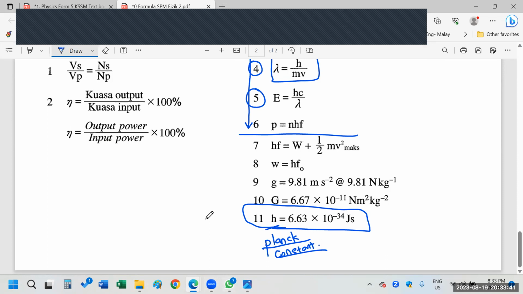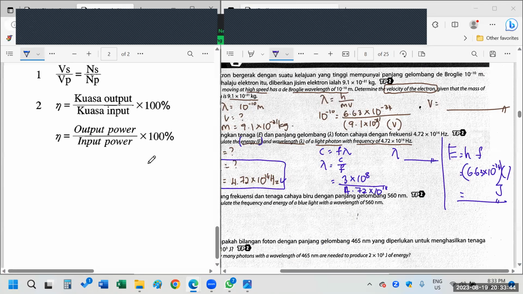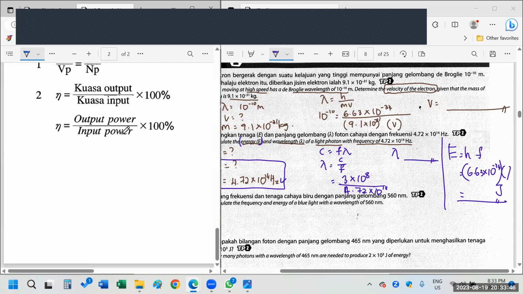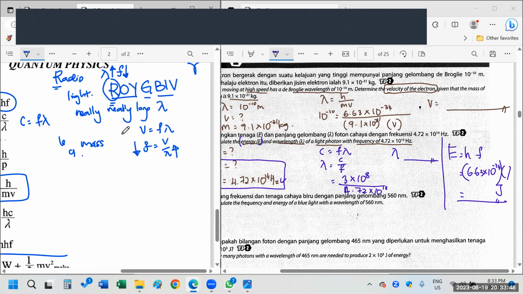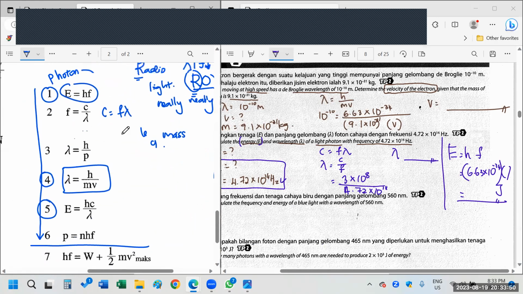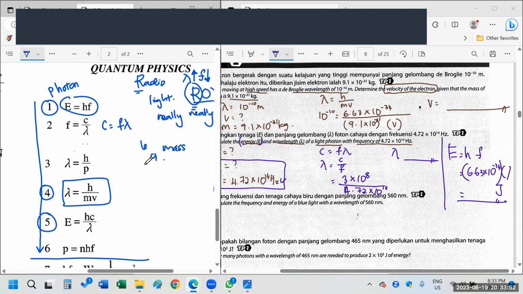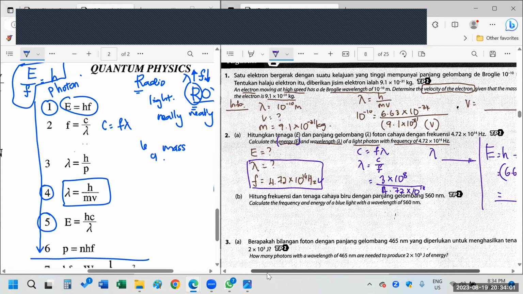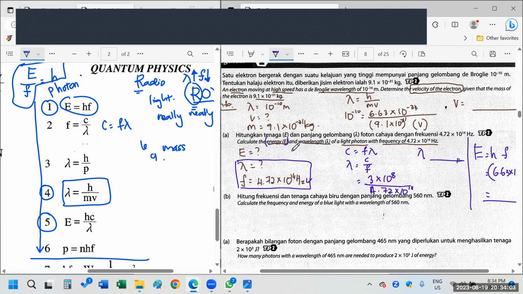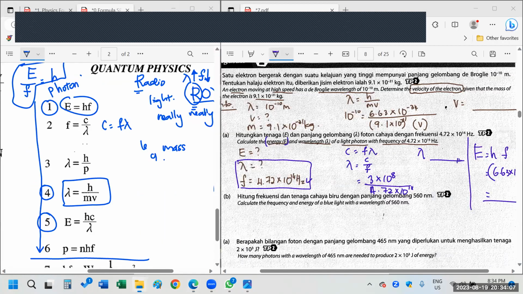So Planck did many experiments and he found out that as long as you use E divided by F, you will get a constant, a Planck constant. They named it the Planck constant. Okay, so let's see one video.